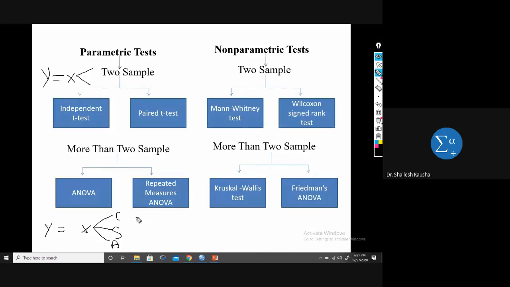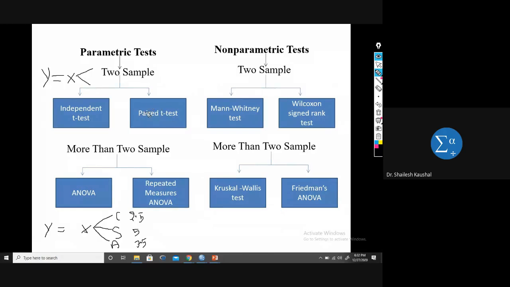Like the doctor gives doses to patients, 2.5 ml, 5 ml, and 7.5 ml, and after that he observes whether 2.5 ml is effective or 5 ml dose is effective or 7.5 ml. If 5 ml dose is effective, then there is no need to give the 7.5 ml dose. Okay, so when we compare several groups, then we use analysis of variance.